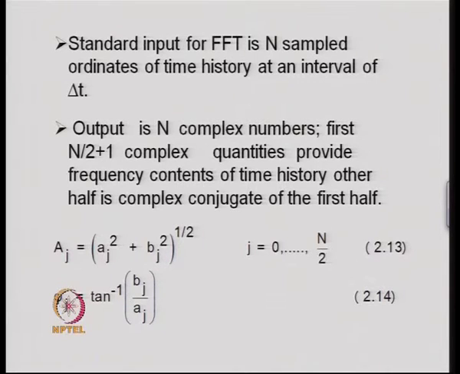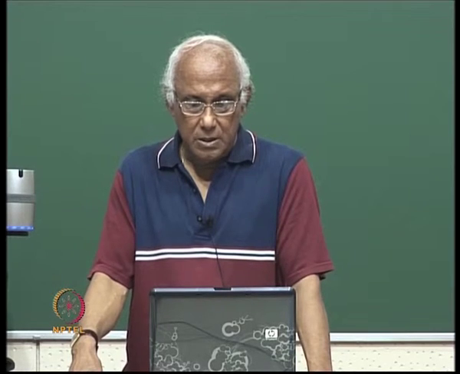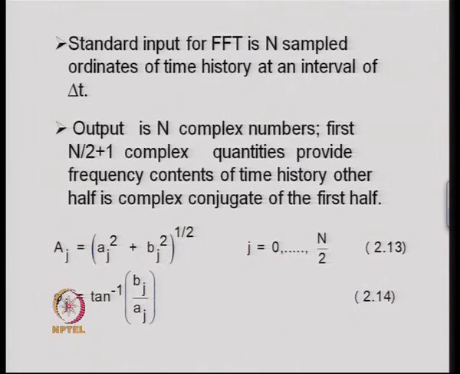The amplitude of the ground motion at frequency omega j is given by equation 2.13, that is, Aj is written as the real term squared plus the imaginary term squared, and then take the square root of that.